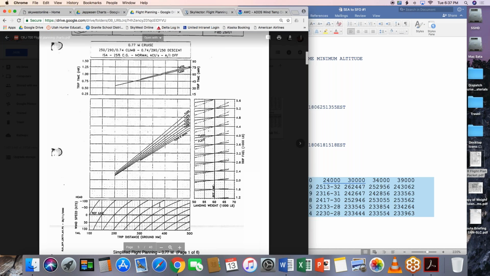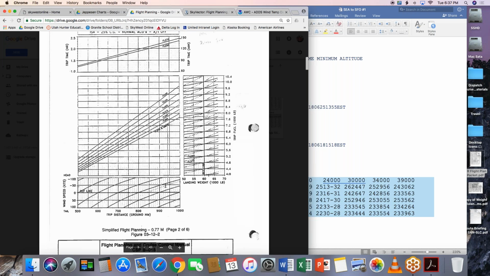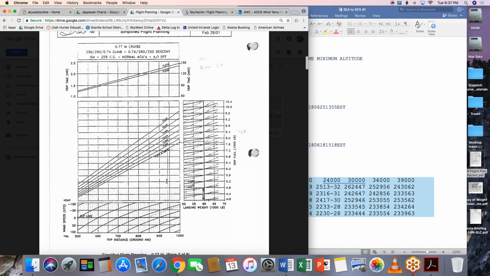So the way these charts work is you have along the bottom your trip distance. There are 2 charts, and that's why you don't see anything over 500 miles here. So you have to make sure that you're on the right chart. And here we have our 500 and greater chart.